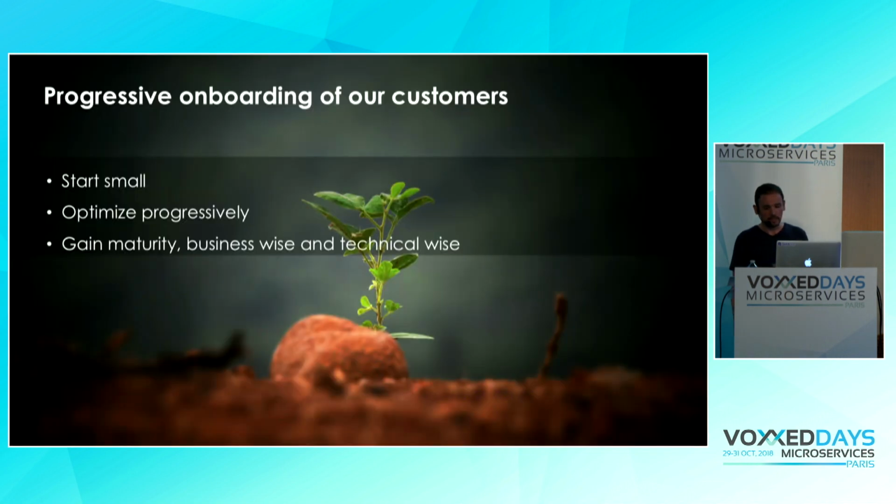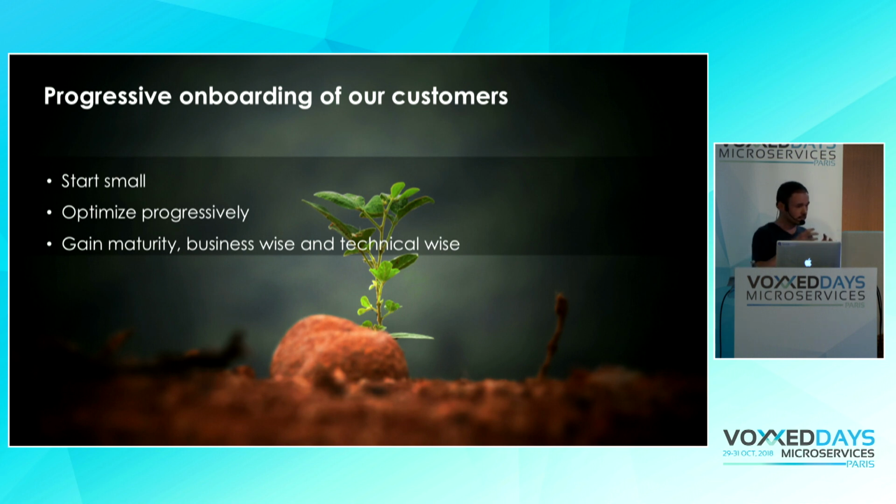And we want to onboard our customers on our solution progressively. Start small with a simple subscription workflow, then gradually optimize as we gain understanding, because our business is complex and even our customers have a hard time understanding it at first.